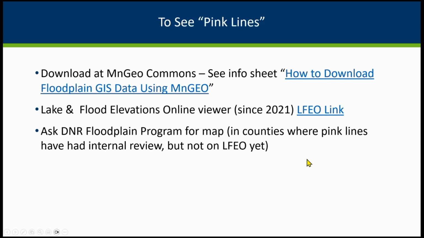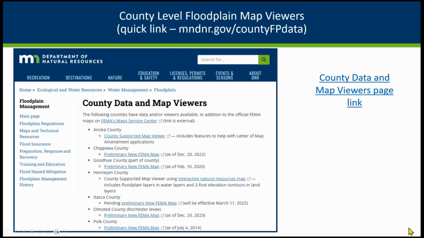And if you saw that there was work going on in those other counties and those other HUC 8s, if you don't see pink lines in those areas and you're looking for some data, that's when you can ask DNR floodplain program staff if we have any data that's been developed. It may or may not be through the full review process, may put some caveats on it, but we may have some additional data available that can be used as your best available data.